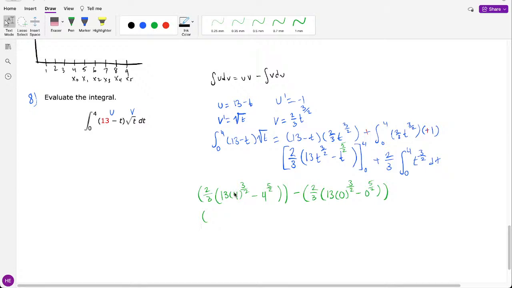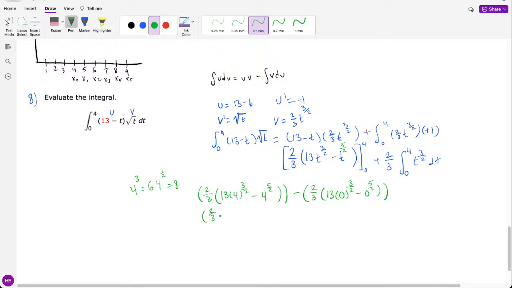I want to know how I can do that in my head though. So let's do 4 cubed equals 4 times 4 is 16 times 4 is 64, and then square root of that equals 8. Okay, cool.